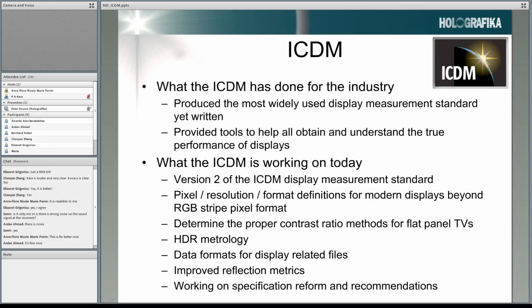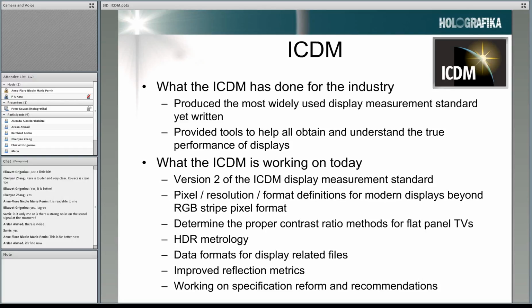So for example, manufacturers have gone beyond this RGB striped pixel format, so the measurement methodology also needs to address different pixel structures. Then there is still debate going on about the contrast ratio, like which method to use when quoting the contrast ratio of a display, as well as with the emergence of high dynamic range displays, metrology for these kind of displays should be developed as well.